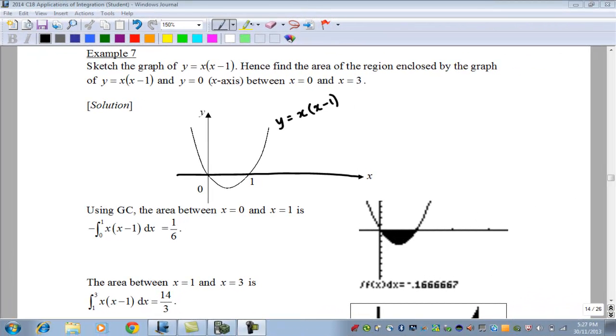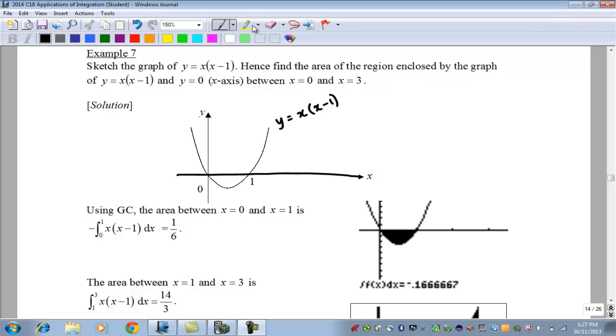Alright, let's look at example 7. Sketch the graph of y equals x multiplied by x minus 1. This one shouldn't have any issue because you have a GC to help you, or you can base on your O-level understanding to sketch out this graph. Hence, using the graph itself, find the area of the region enclosed by the graph, the x-axis, and between x equals 0 and x equals 3.